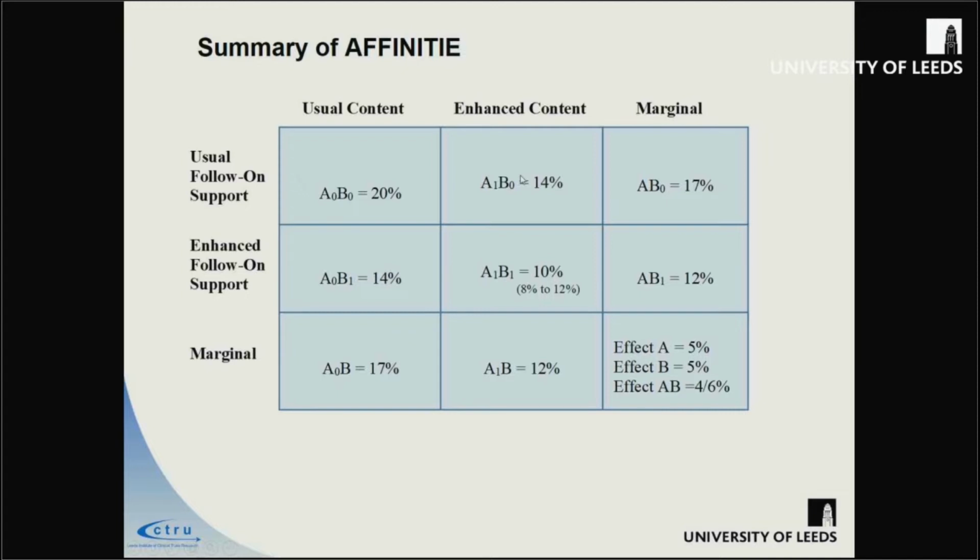We were hoping that enhancing the follow-on support would also reduce it to 14%. And the bit that became an issue for discussion was what would happen if we enhanced both the content and the follow-on support. If we assumed no interaction, then that number would be 8%, because it would add up in the same way. So you'd have a 6% difference there and a 6% difference here, a 6% difference here and a 6% difference here, if that makes sense.